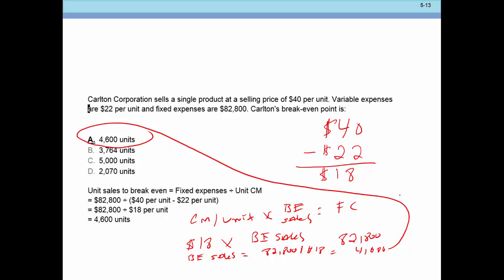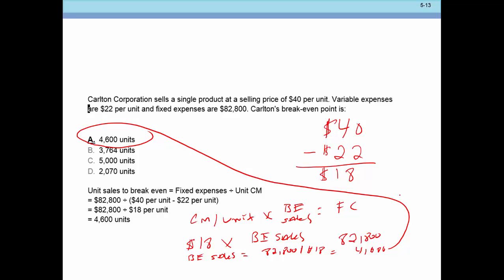If we are doing another problem, this is just asking me for my break even again, isn't it? So I take my what? Sales price per unit minus my variable cost per unit, gives me contribution margin per unit. I always set this up every time. Contribution margin per unit times my break-even sales has to equal my fixed cost, right?